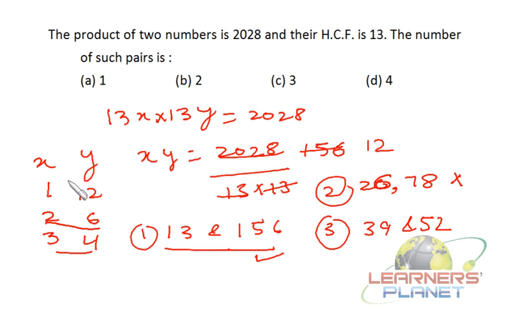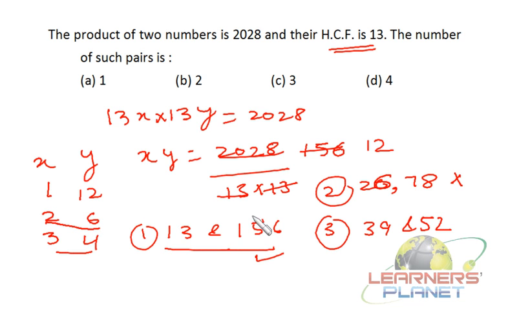each other. So in such cases, we have to choose the pairs which are co-prime to each other to maintain the HCF as the given number. Otherwise, if the numbers are not co-prime to each other, the HCF will be multiplied. That means this HCF, that is 13, will be multiplied by the HCF of 2 and 6, which is 2.